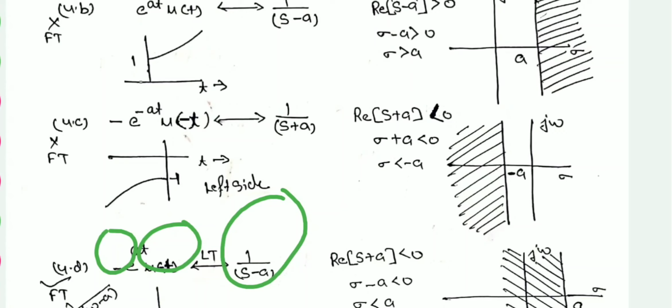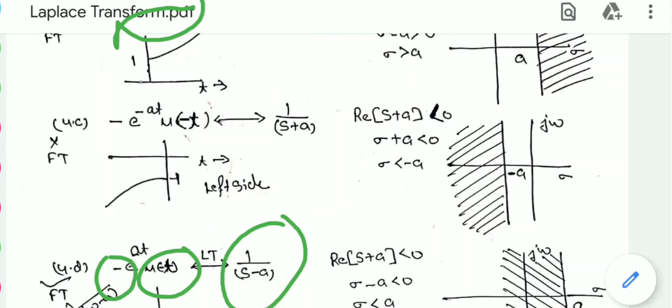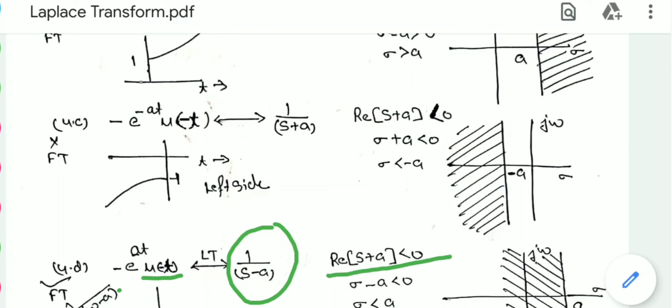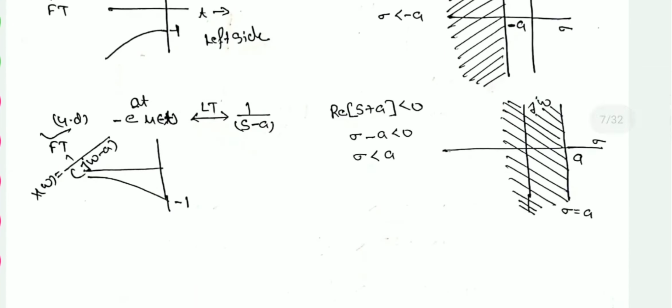Look at this. The Laplace transform is the same as the previous case, but as it is left sided, its ROC is also left sided, and sigma is less than a, positive a.